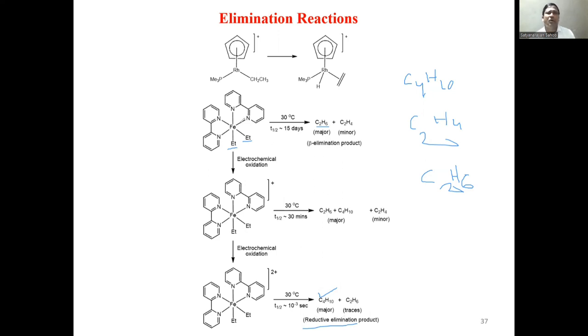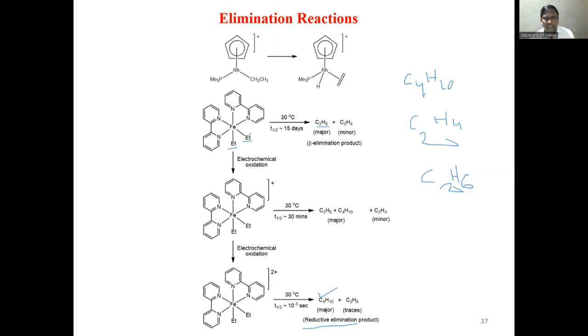But when the oxidation state is low, that is +2, the beta hydrogen products are the major product. This is the product which is eliminated: C2H6 is eliminated, and you get the metal hydrogen, metal alkene bond.